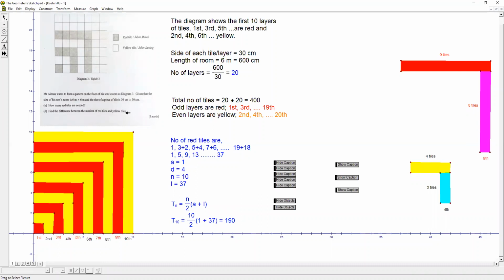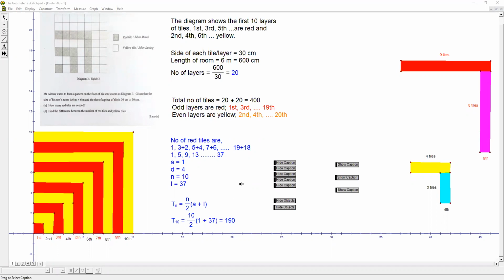Actually, you can take 400 minus this 190 to know how many yellow tiles there are. 400 minus 190 is how much? Is it 210? 400 minus the number of red tiles is equal to the number of yellow tiles. Yes, it's 210.